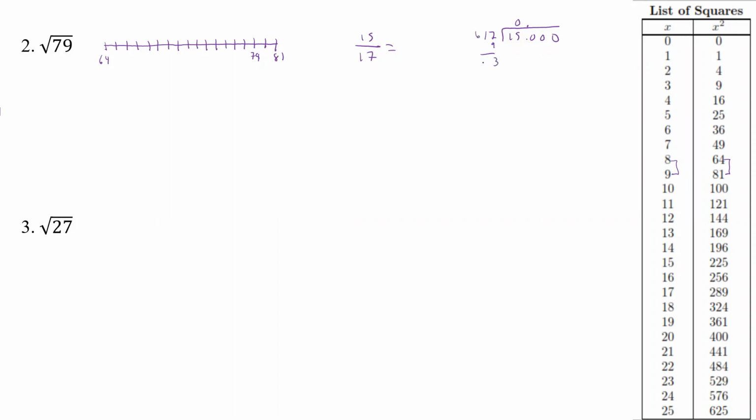That's going to be too big. So I think it's going to actually be the 8. 17 times 8, 56. That's going to be 13, 6, and that's going to be 153. So it's going to be between 8 and 9, kind of looks like. So my best guess is going to be 0.8.